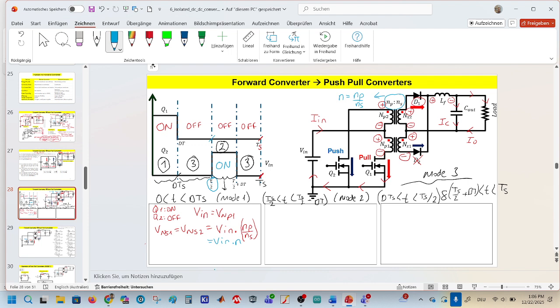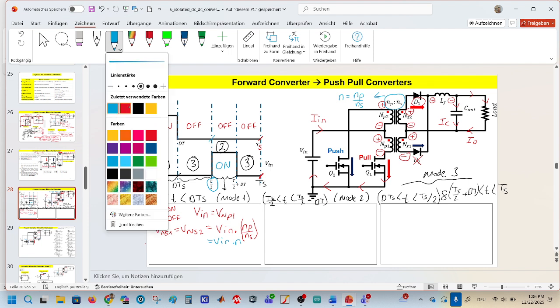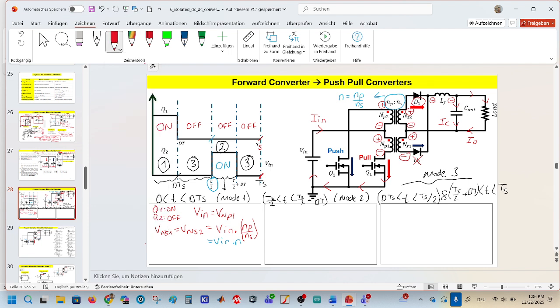And the current flows on the first switch, but there is no current flow on the second switch, but there is a voltage that is also induced on these primary windings, NP2.